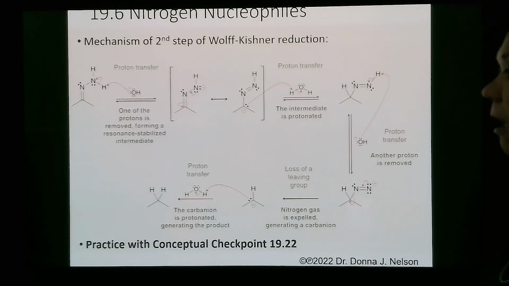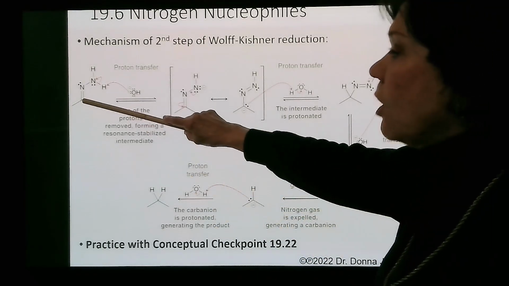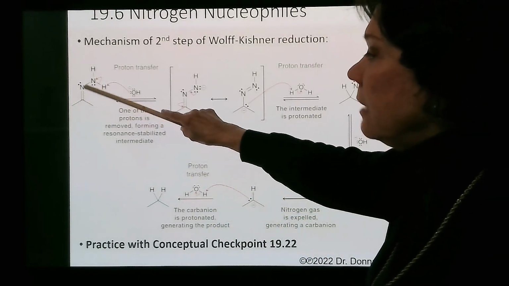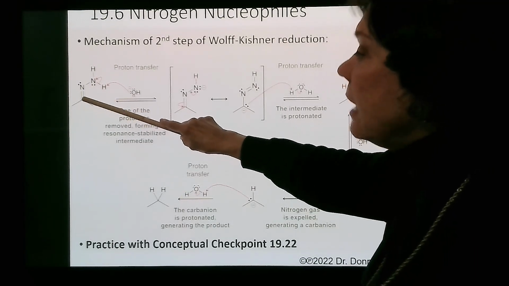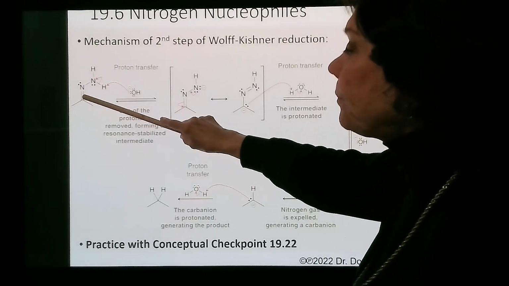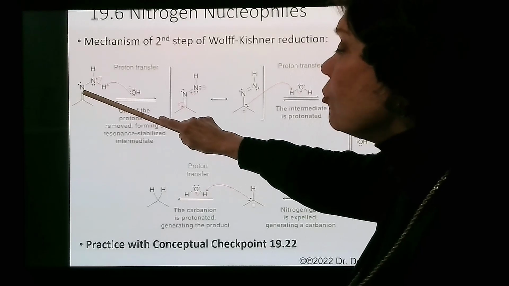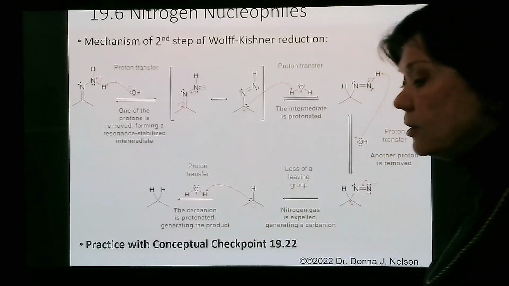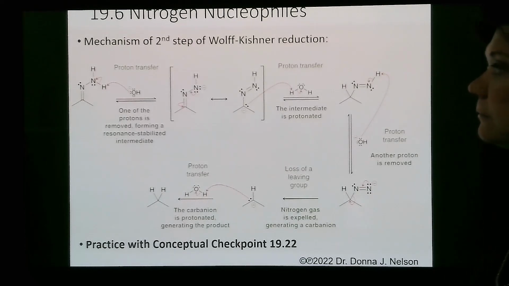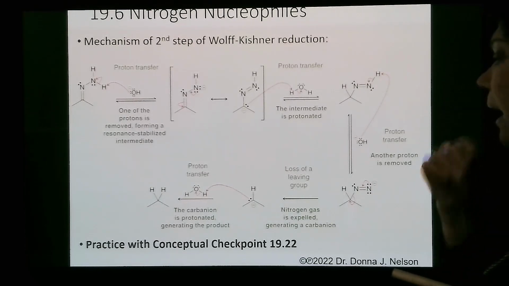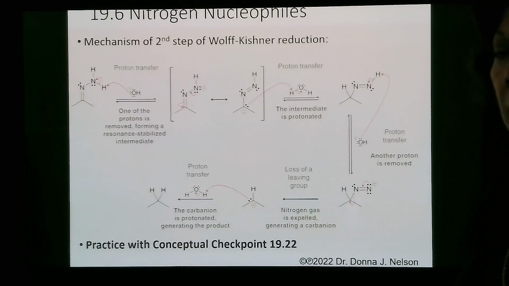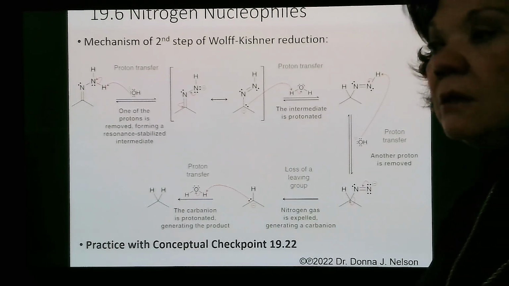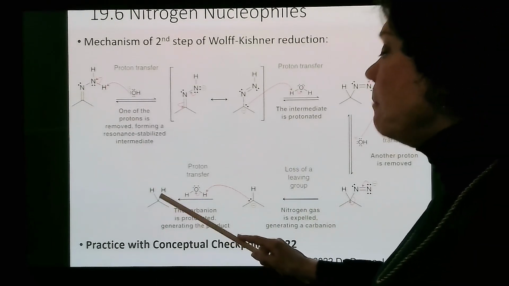And so the overall reaction is that the carbon-oxygen and then carbon-nitrogen double bond is replaced by two CH bonds. So this is a good way to replace, overall, the carbonyl with methylene.